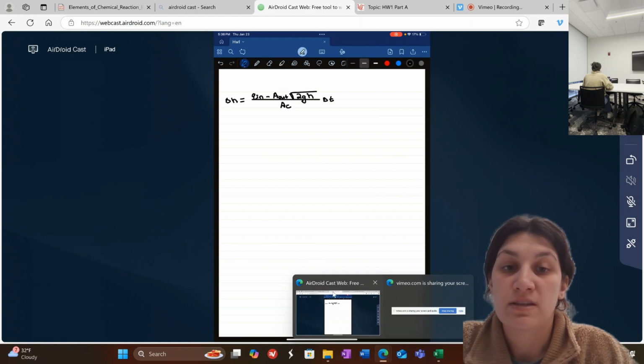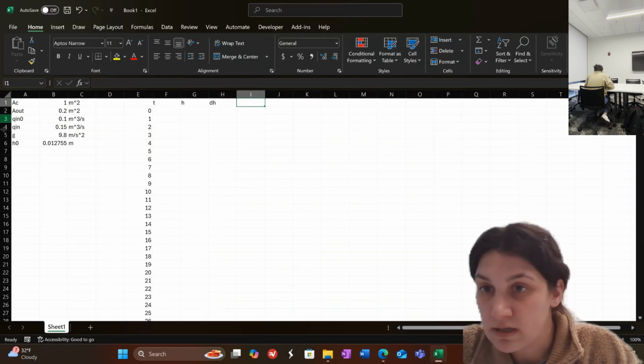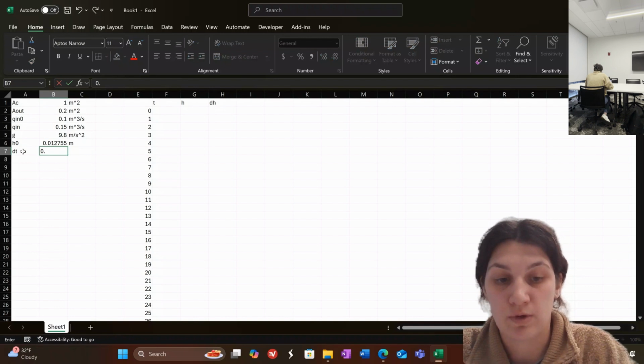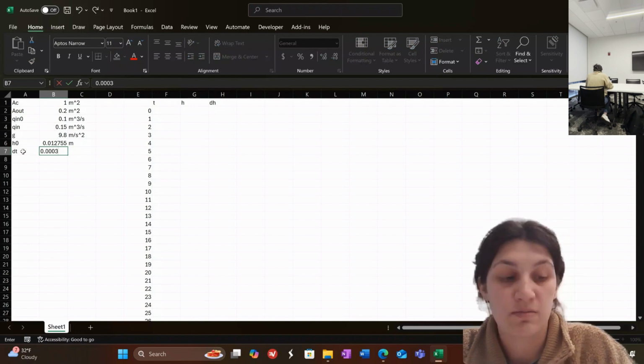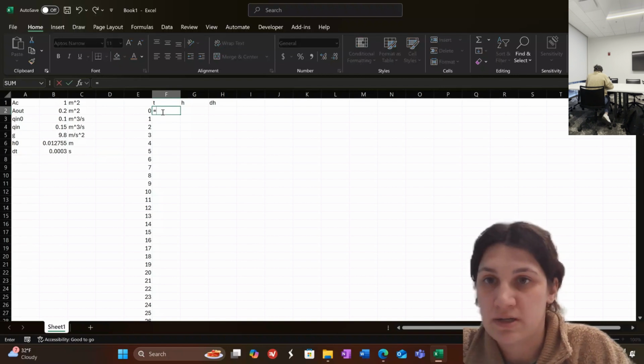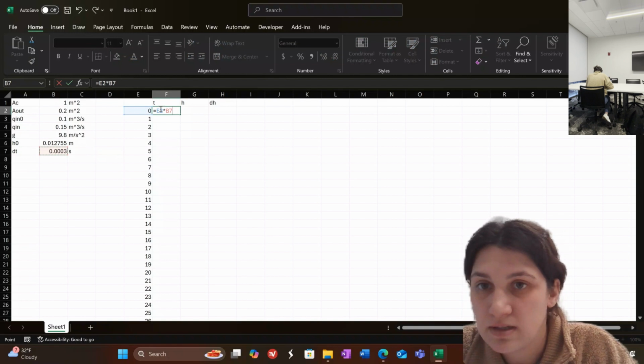We can simulate what would happen if we increased our flow in. So for our delta T, we can just pick whatever we want. So we're going to pick a pretty small value, that's in seconds.